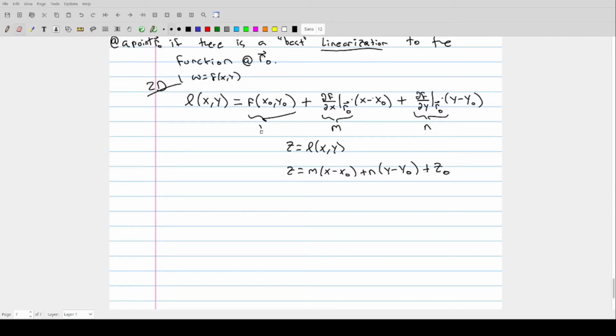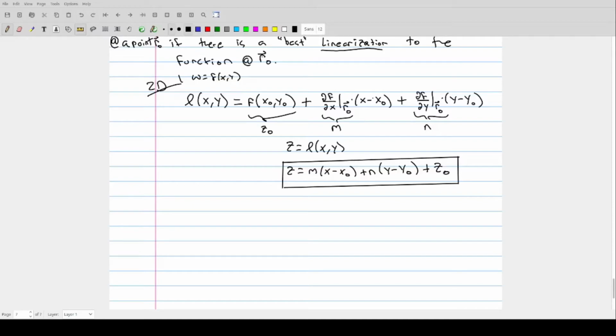You can use b if you want, but I'm probably going to write z naught here because that's just relating it to the function f. And this is the equation of a plane centered at the point x naught, y naught, z naught. Or that this plane is exactly the tangent plane if these partial derivatives exist.